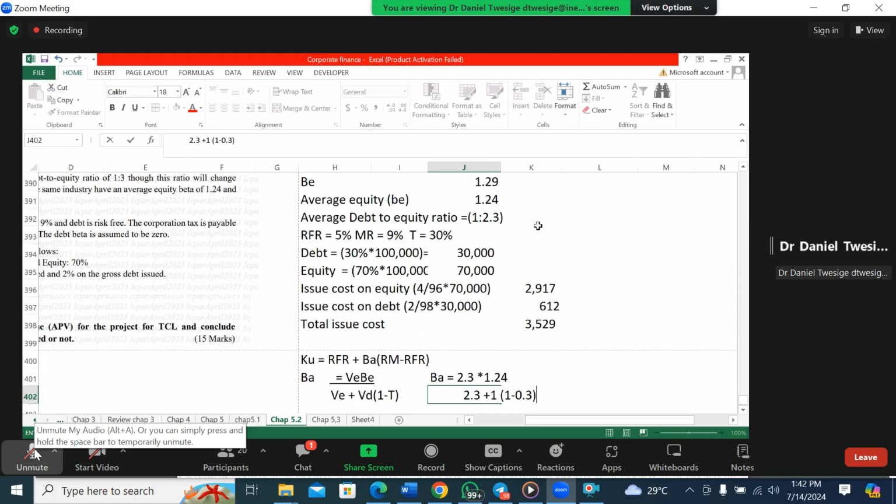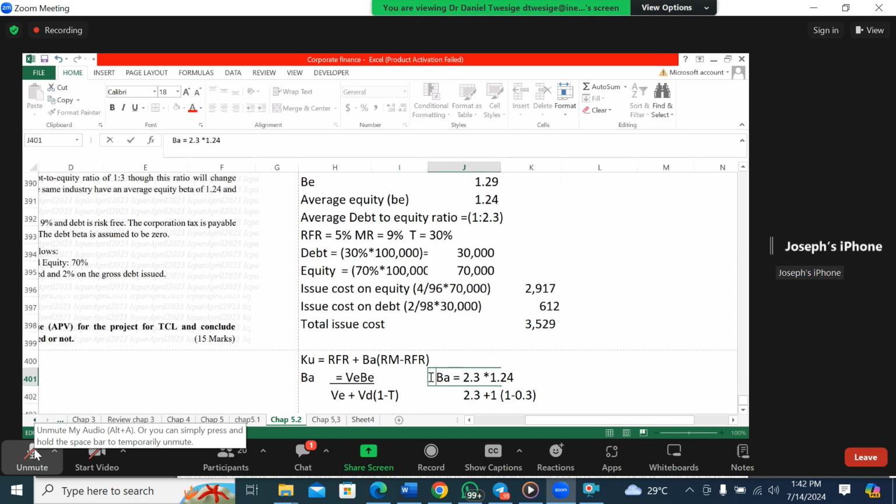The reason why we are confused is we were expected to calculate the value of equity, but that one is a ratio, just a ratio. No, you are correct.